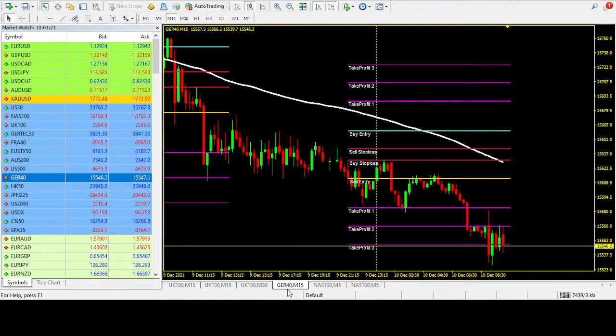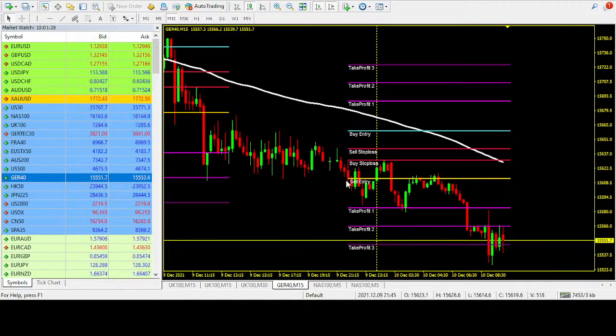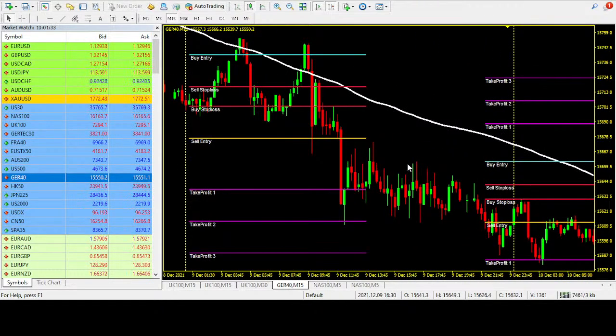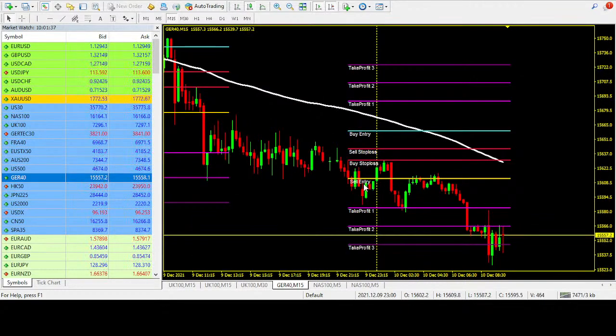All right, so anyways, let's go to the G-Wagon. What's happening in the G-Wagon? The G-Wagon is currently underneath the 100-period moving average, right? We had a sell entry late in the evening, just before the Asian beginning, and you can see that we triggered the sell, hit take profit 1, take profit 2, and take profit 3. So probably now we're just waiting for the market to reset itself so that we can get our new entries.